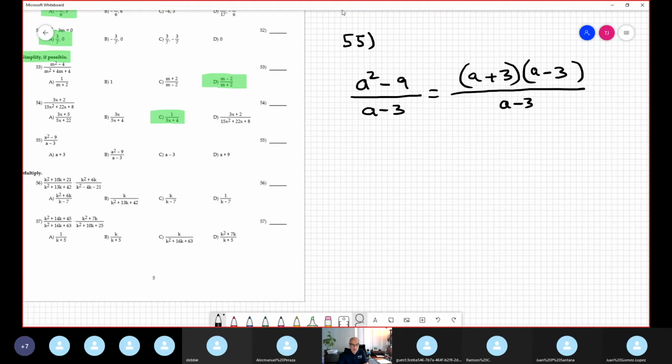Wow, in this example, this and this cancel out, but only a plus 3 stays alive in the top, and the bottom is 1 because we have nothing. When the bottom is 1, you can omit that part. When it's in the top, no, like the previous example. When the bottom is 1, you can omit it, and the final answer is a plus 3. Got it?